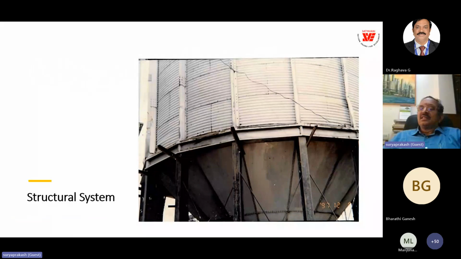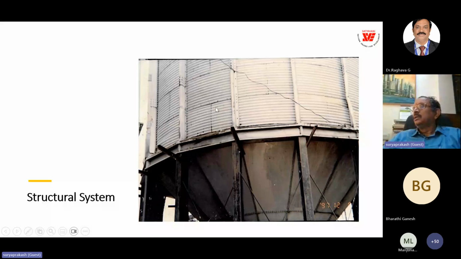You can see the corrugated sheet, GI sheet, used as a skin for the silo. But unfortunately, the designer, I don't know whether it is a later change by the execution contractor, has considered the friction coefficient for the grain.